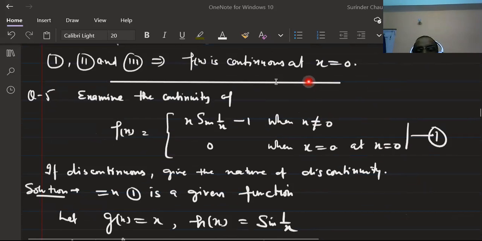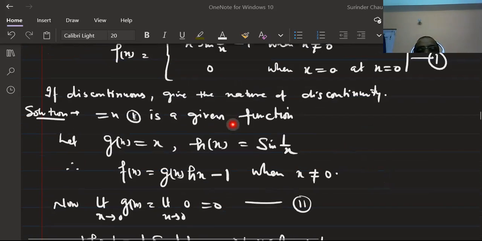Now the function f(x) is the same in the left and right neighborhoods of 0, and the value of f at 0 is 0. Examine the nature of this function. Let g(x) equal x and h(x) equal sin(1/x). Therefore f(x) equals g(x) times h(x) minus 1 for x not equal to 0.